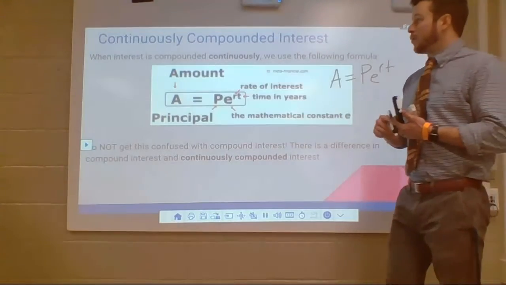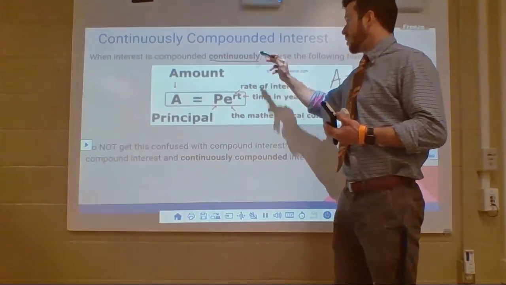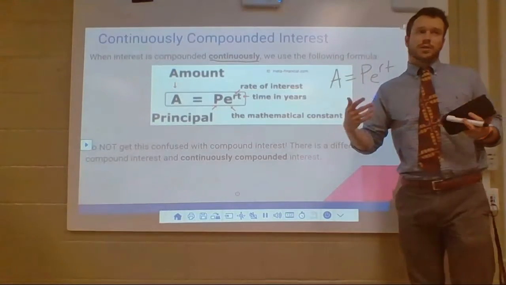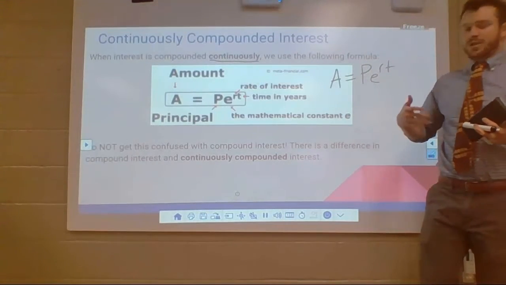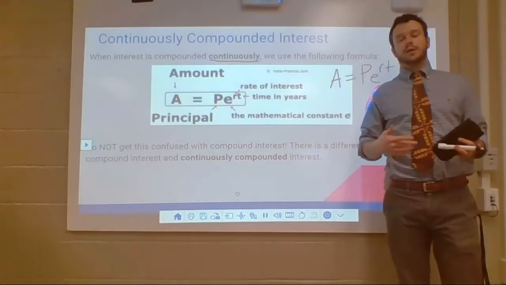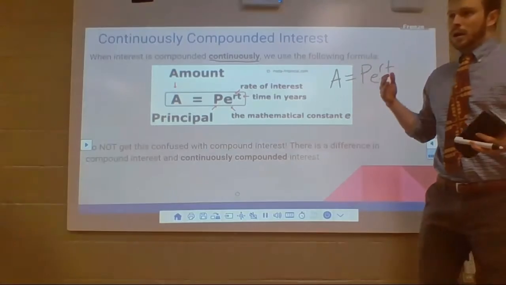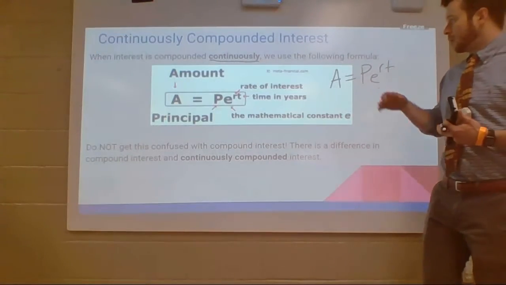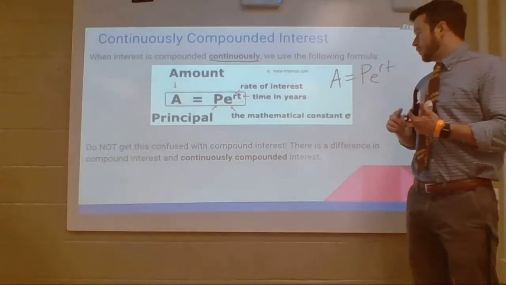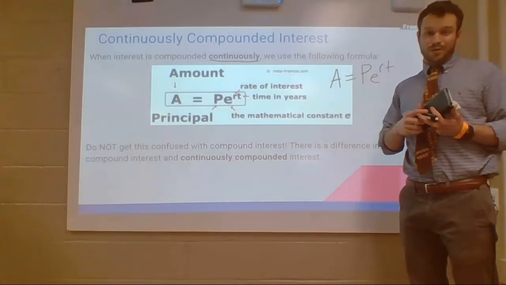Now, the key word here is continuously. See how it's in bold? Last week we talked about when interest was compounded annually or weekly or daily or quarterly, whatever. So we're not going to use the PERT formula. We're going to use the formula that you learned then.